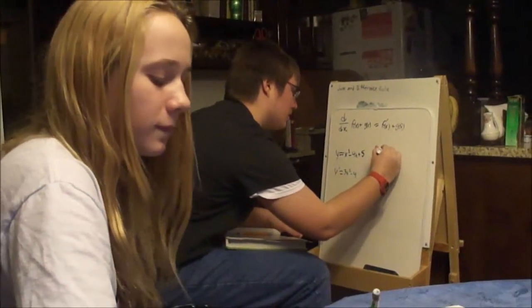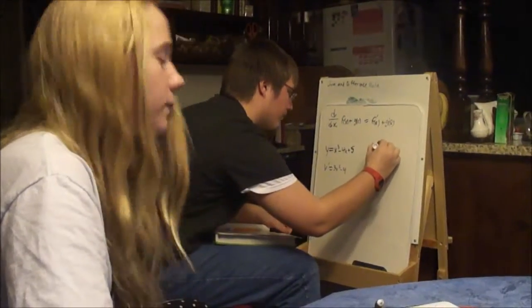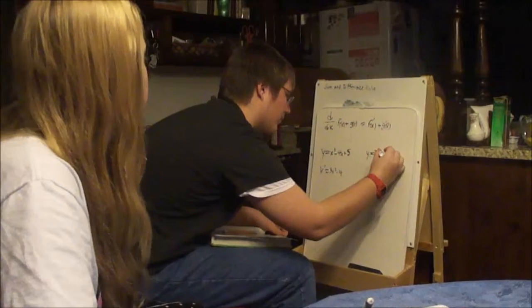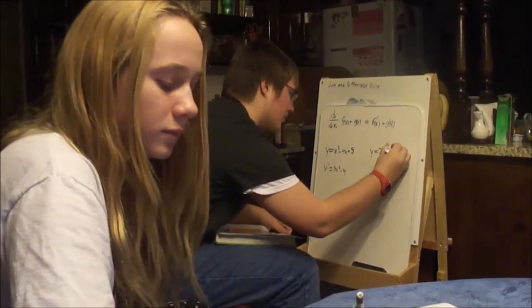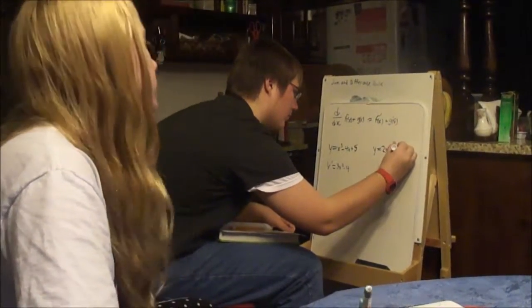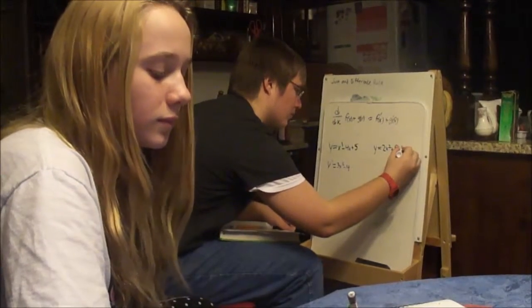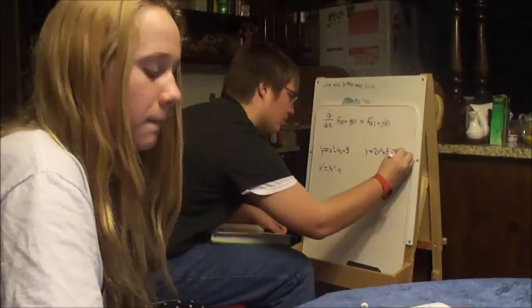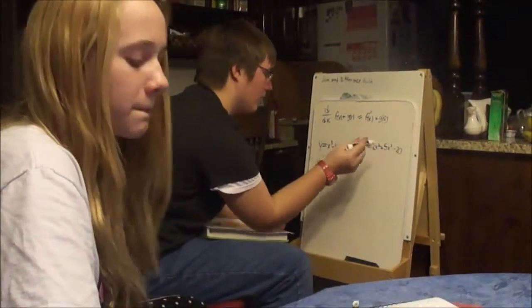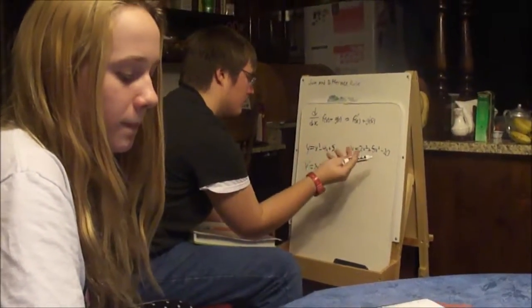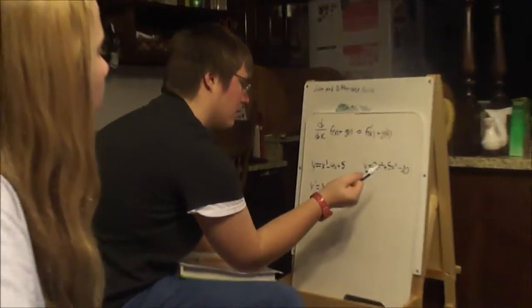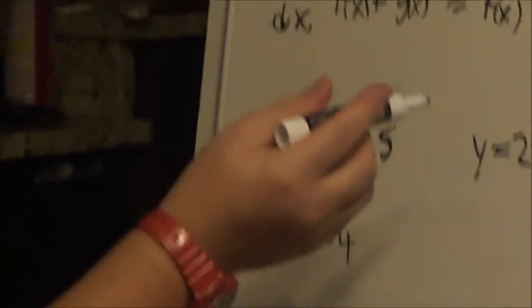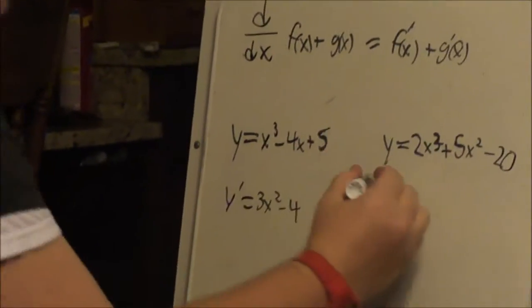Another example is 2x cubed plus 5x squared minus 20.